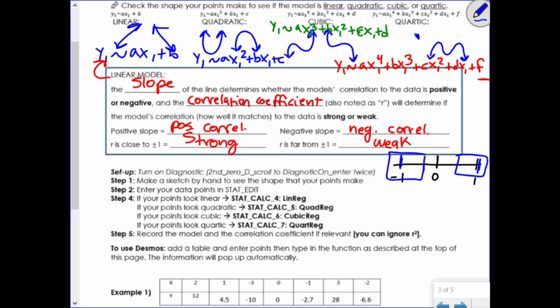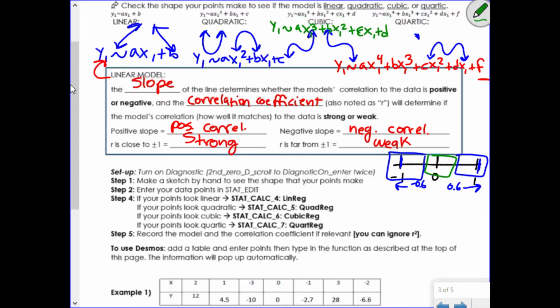So things like negative 0.6 and this way, or 0.6 that way, those are considered strong correlation coefficients. Anything in between negative 0.6 and 0.6, closer to 0, those are considered weak.